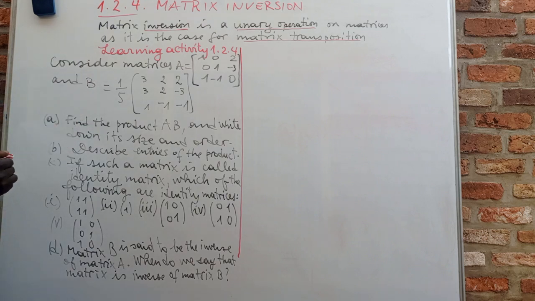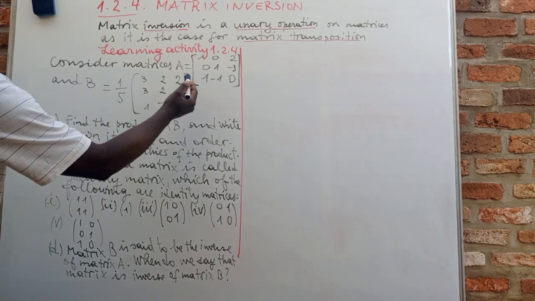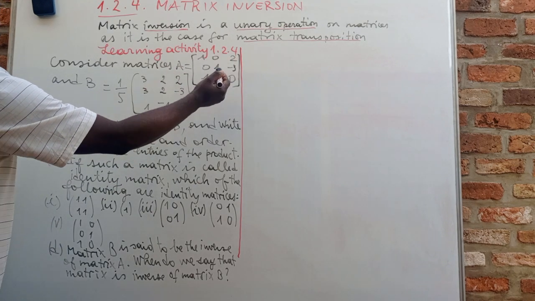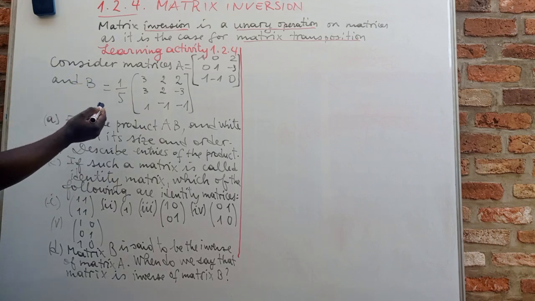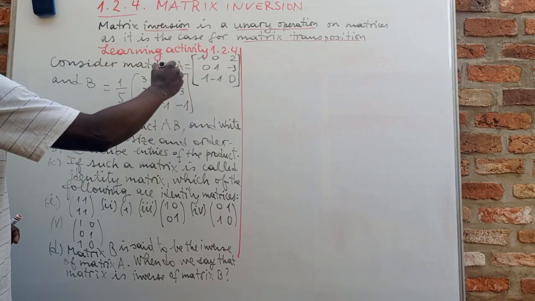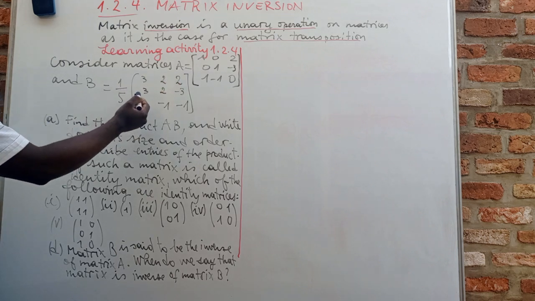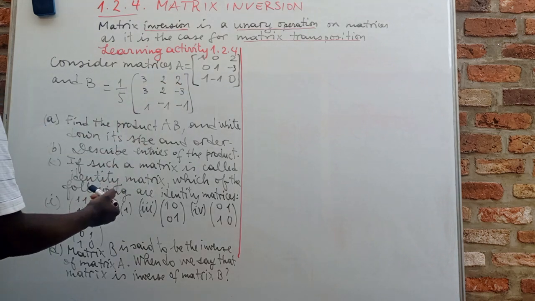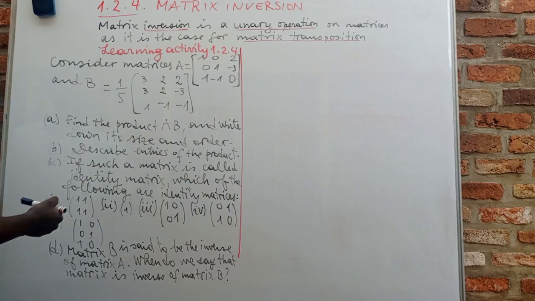Consider two matrices: A with first row 1, 0, 2, second row 0, 1, -3, third row 1, -1, 0, and the matrix B, 1 over 5 scalar multiplication with this matrix: first row 3, 2, 2, second row 3, 2, -3, third row 1, -1, -1.